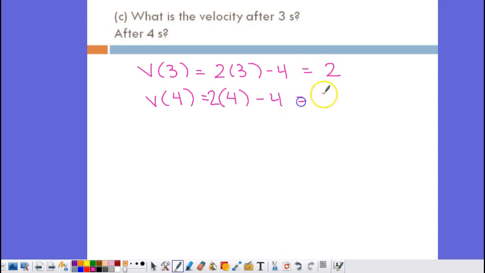So we get 2 meters per second and we get 4 meters per second.